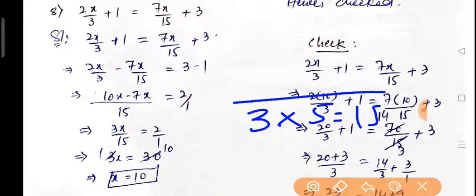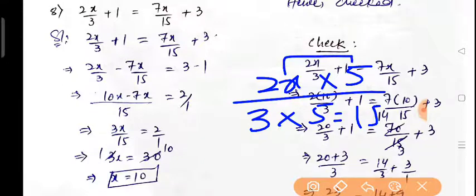In the numerator we should also multiply 2x into 5, that is 10x. So we arrive at 10x minus 7x, because the denominator is 15. When we multiply 15 by 1 we get 15, and when we multiply 7x by 1 we get 7x. Then 3 minus 1 is 2, and we can put 1 here because 2 by 1 is 2.